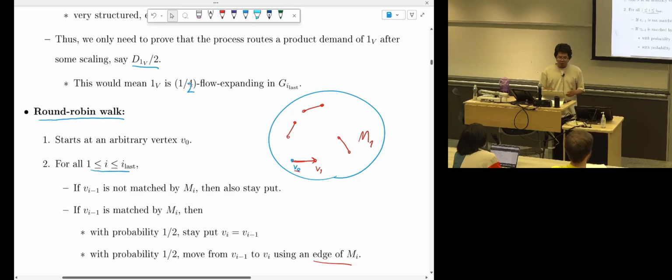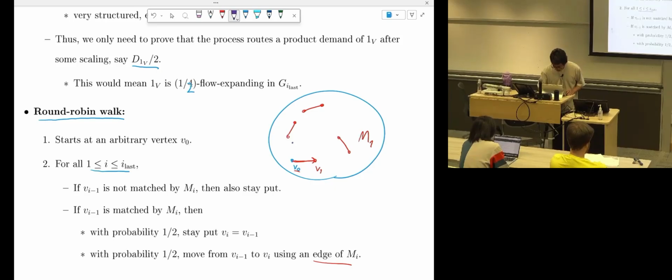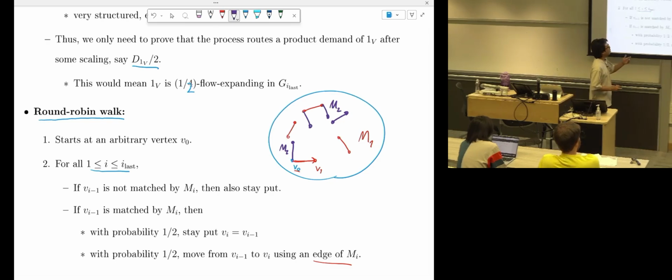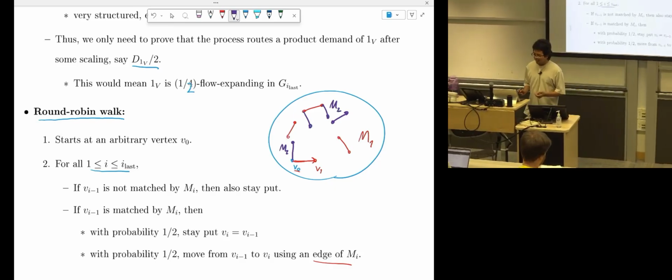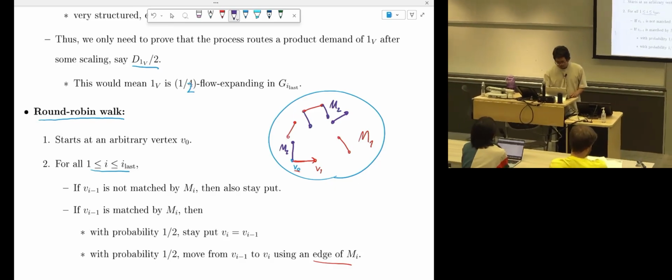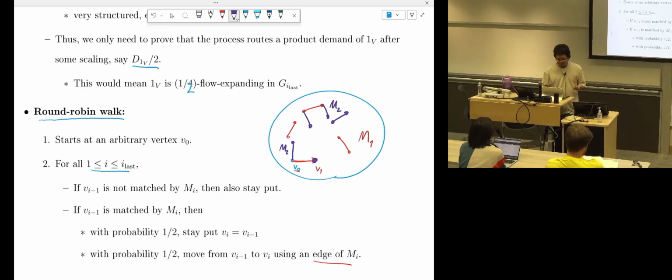And then you look at the next round. Maybe M2 is here. This is M2. In the next round, supposing you are at this point, you again check if you are matched by M2 or not.